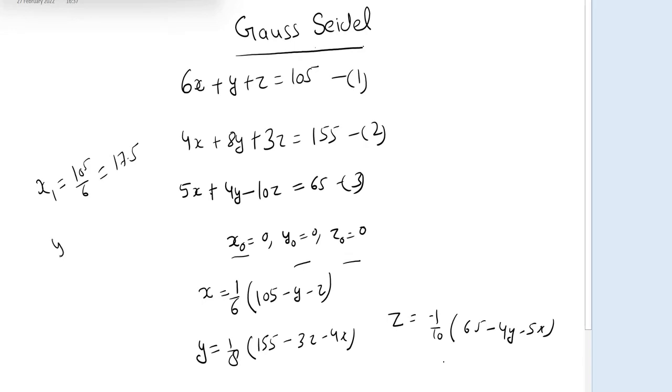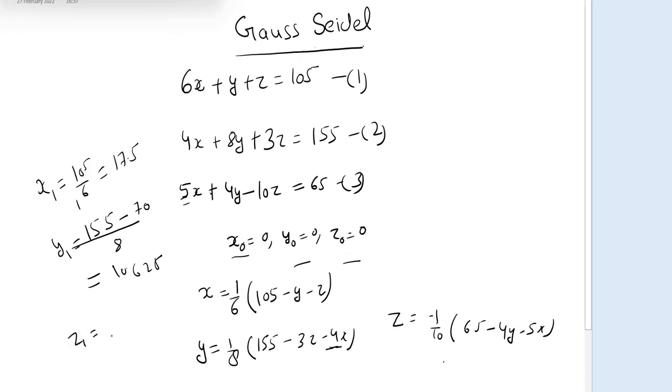Now to find y1, we put this x1 in, and y1 comes out to be (155 minus 70) divided by 8, which is equal to 10.625.